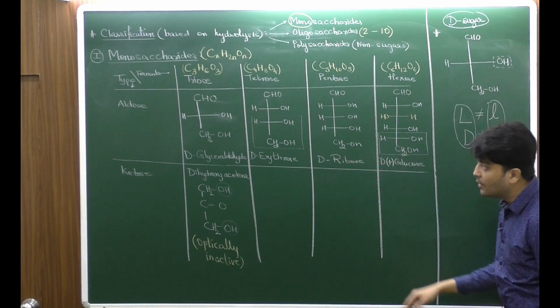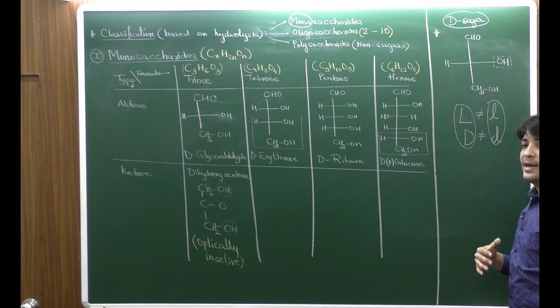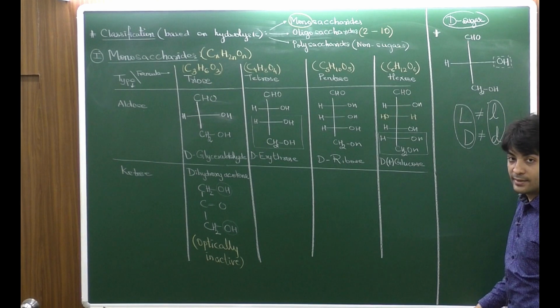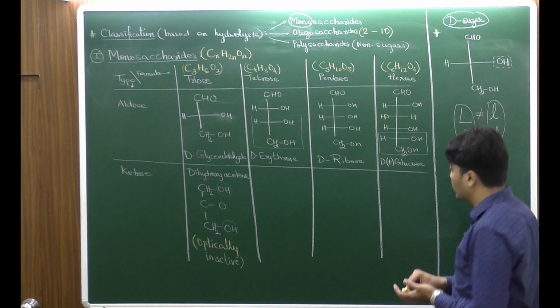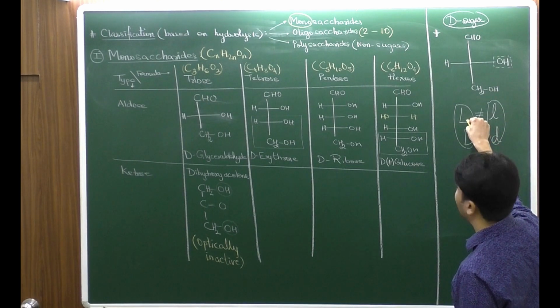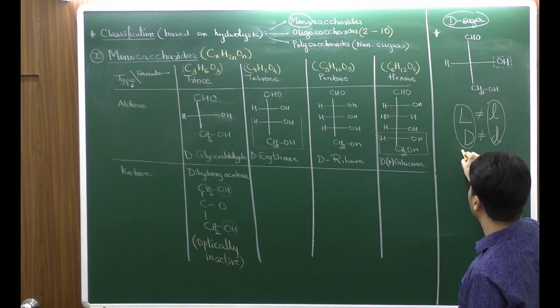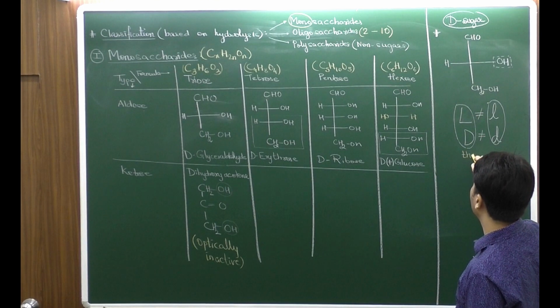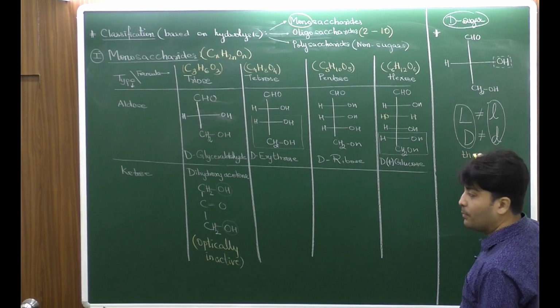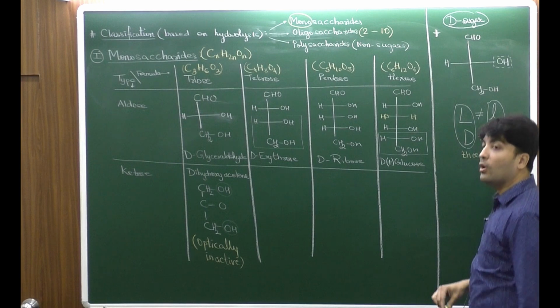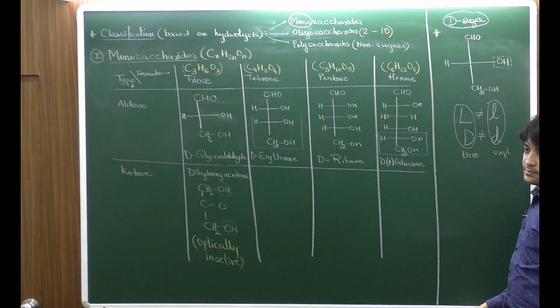Likewise, these also have plus and minus, but that is something which is experimentally determined and not theoretically determined. So one more concept here is very important. Capital D and capital L we can directly assign just by looking at the structure. That means it's a theoretical concept. But dextro and levo is something which is analyzed by a polarimeter.